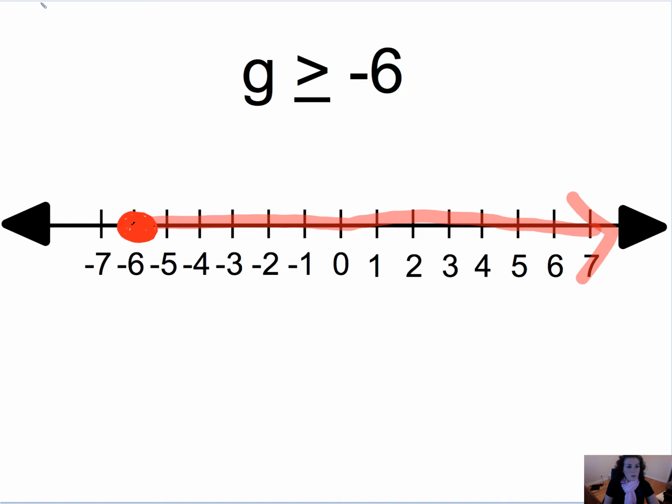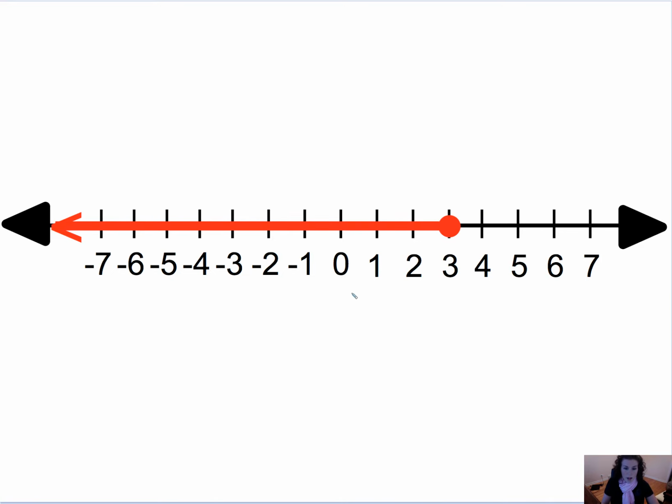All right, now the reverse direction. If I give you the graph, how could you write the inequality based on the graph? So first of all, pick a variable. I will choose x. Doesn't matter what letter you pick. Then I have to determine my inequality sign. First of all, will it be less than or greater than? Since this is going to the left, I want all the numbers less than 3, so I'll do a less than sign.